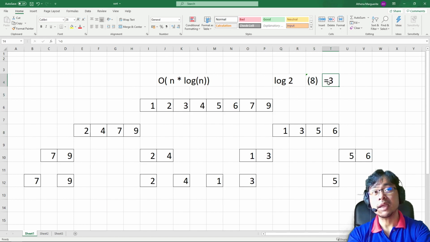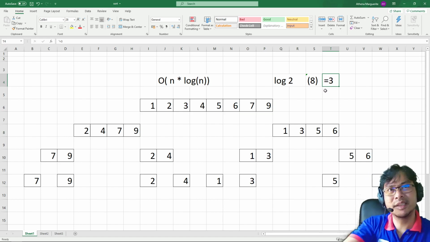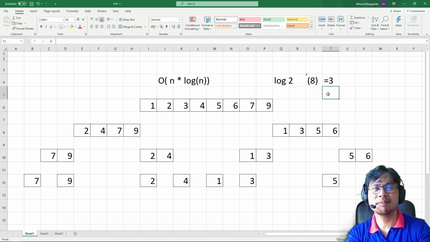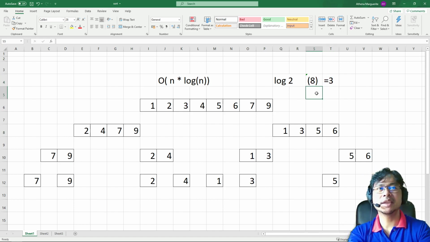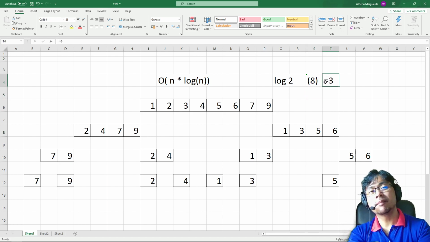Now, what is this 3? What's the significance of 3? Why is it so? What are we basing it on? 3 means it is the time complexity for the traversal of the tree from the parent going down to the leaves or children.